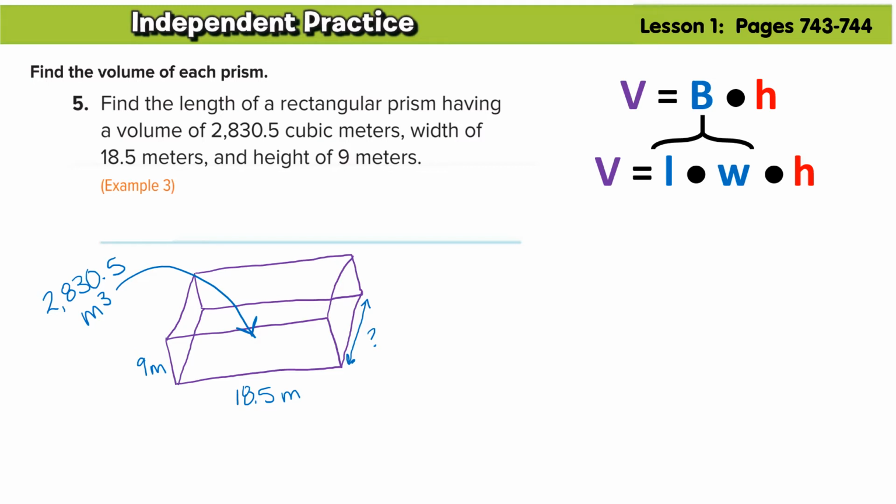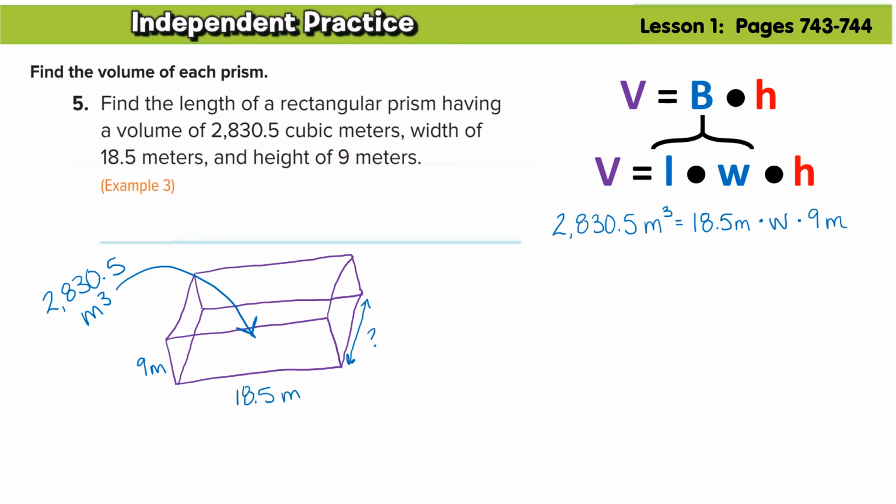So we know the volume, so that's 2,830.5 meters cubed equals, and then we have 18.5 meters times, we don't know the width, and we do know the height is 9 meters.